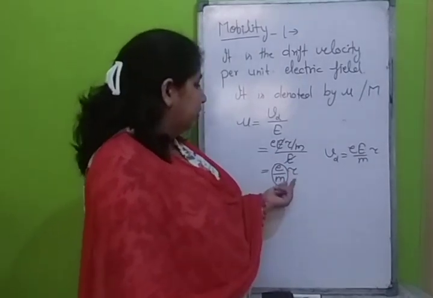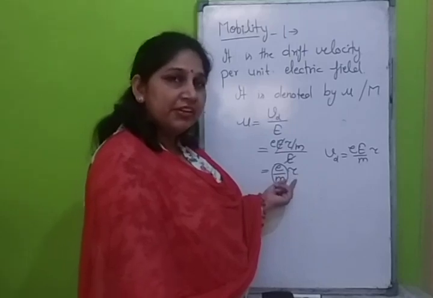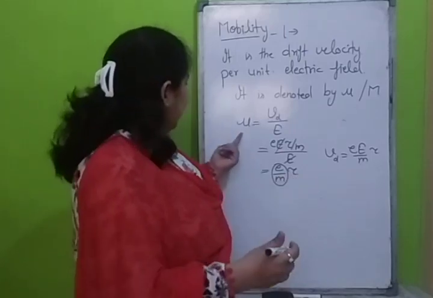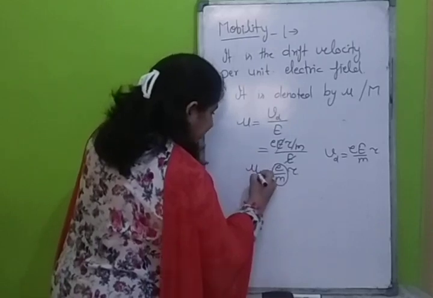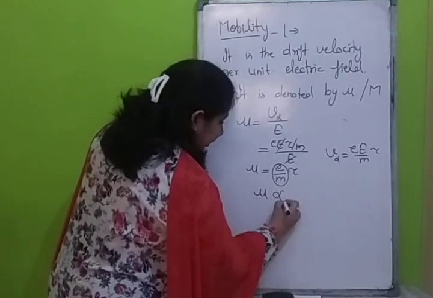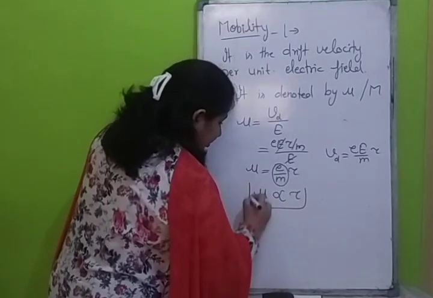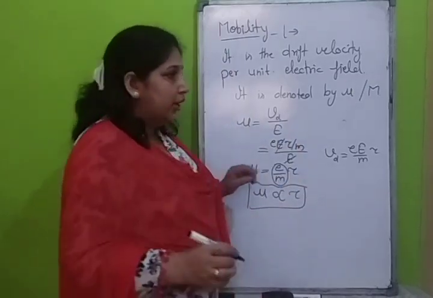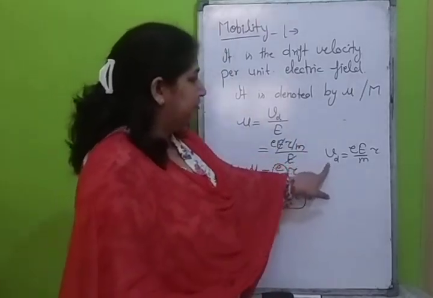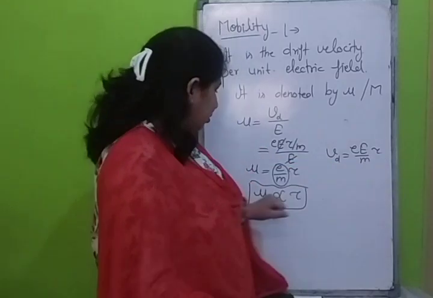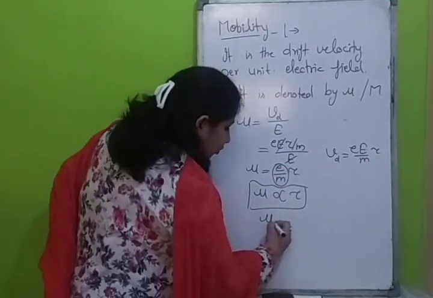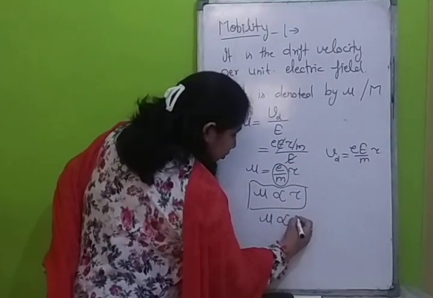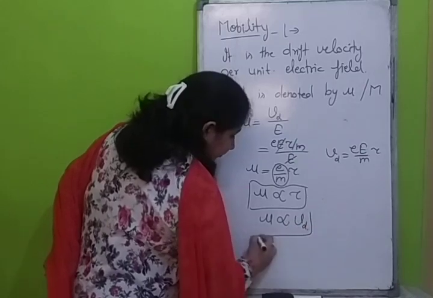But here, what will change? Tau will be different for different material, and mu is directly proportional to tau, and here we have Vd is directly proportional to tau. Means mu is directly proportional to Vd also.